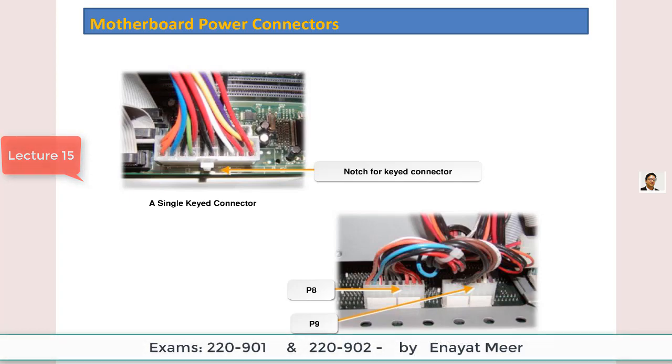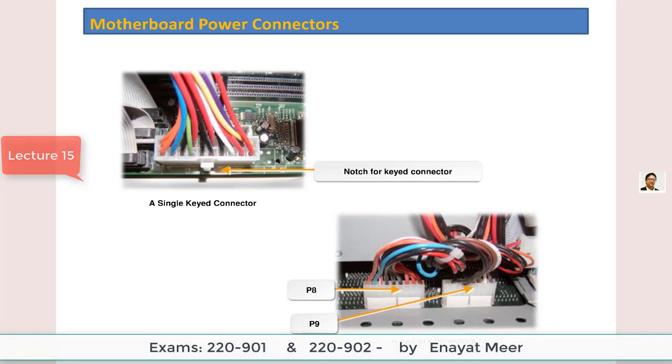These are the power connectors. You see here two, P8 and P9 connectors. So these two basically are 6 plus 6, a 12 pin connector, a pair of connectors.